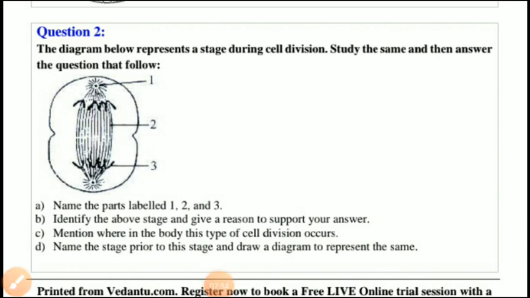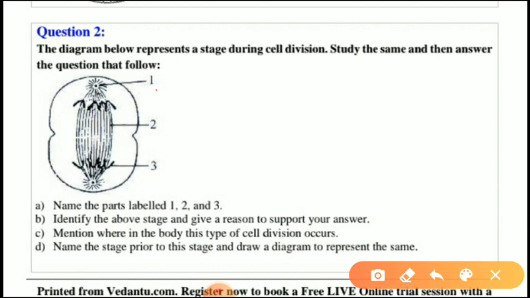Come to question number 3 of your textbook. The diagram below represents a stage during cell division. Study the same and then answer the questions that follow. Name the parts labeled 1, 2 and 3.